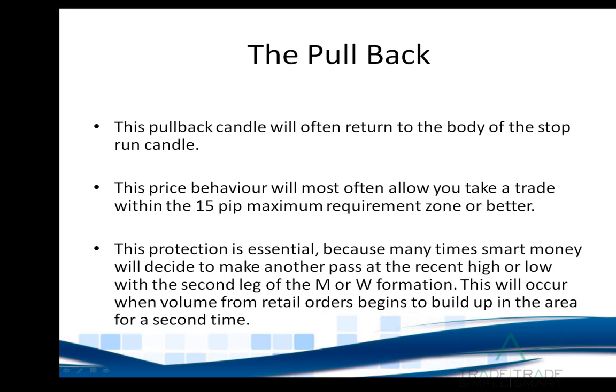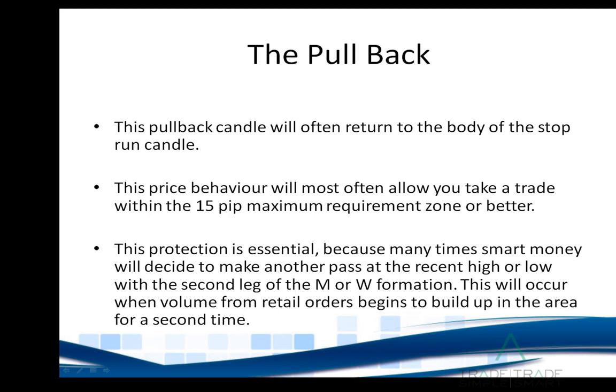The general rule of thumb is that the pullback candle at some point will return to the same level as the body of the stop run candle. And this price behavior will most often allow you to take a trade within the 15 pip maximum requirement zone or better.